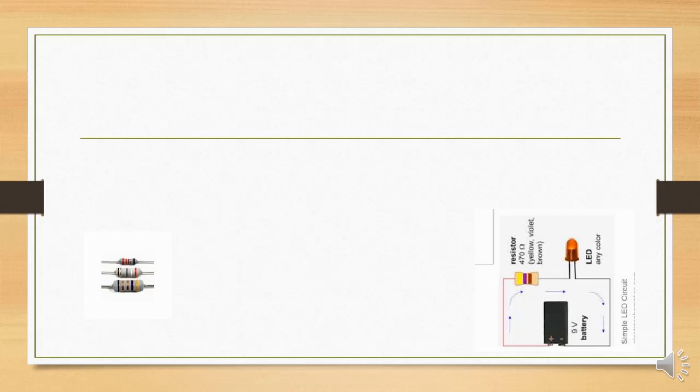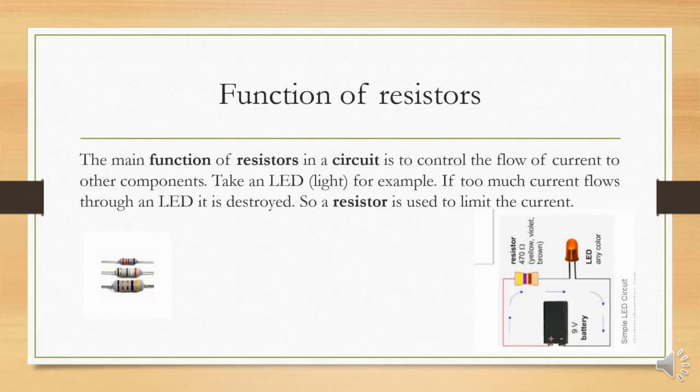So if the LED is connected directly to the battery, it may burst. That is why a suitable resistor is connected in series with the LED, so that a controlled current can pass through the LED and the LED remains working. So this is the function of the resistor.